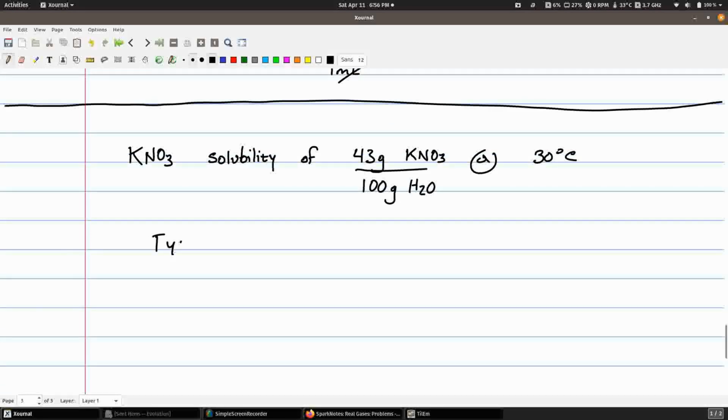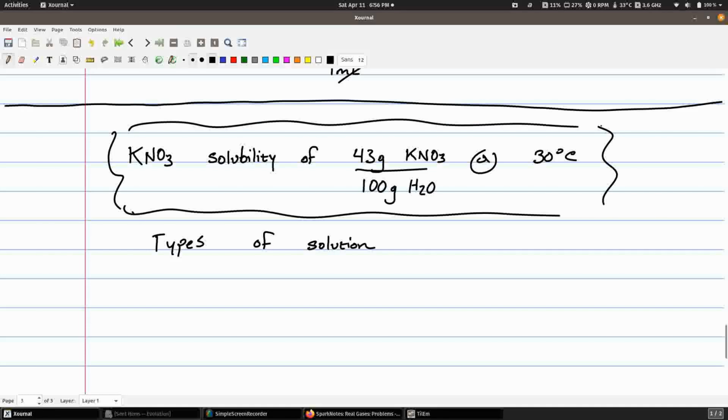So we have types of solution, and this is just how it's represented as an example. So types of solution based on concentration. And these are words you've heard before.